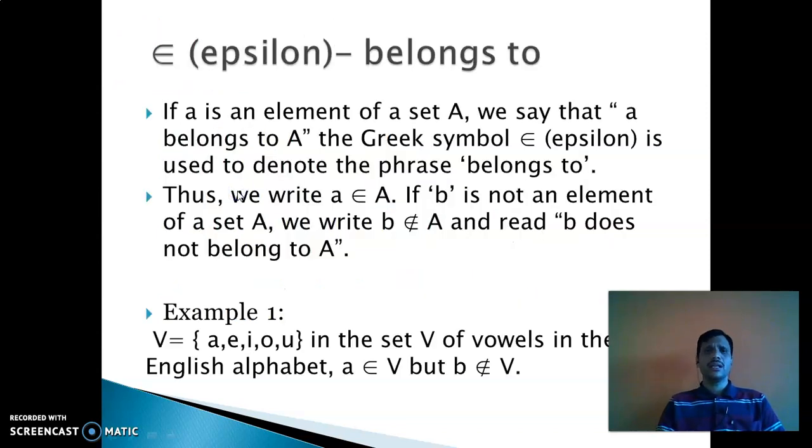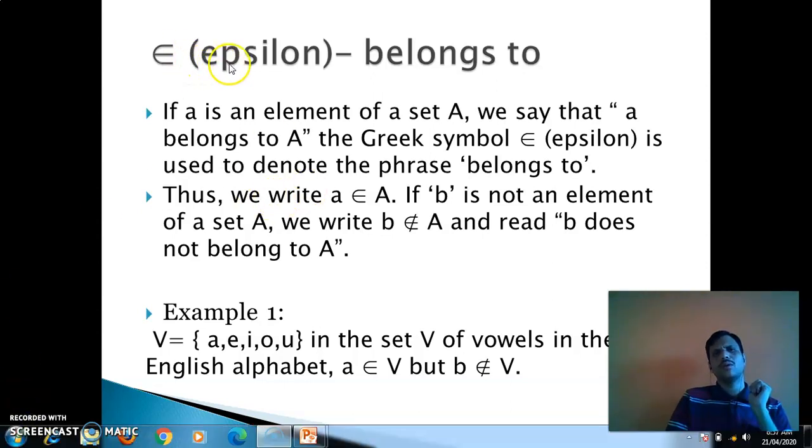Okay, next is the symbol epsilon, belongs to. This symbol is called epsilon, and the meaning is belongs to. If a is an element of set A, we say that a belongs to A. The Greek symbol epsilon is used to denote the phrase belongs to.